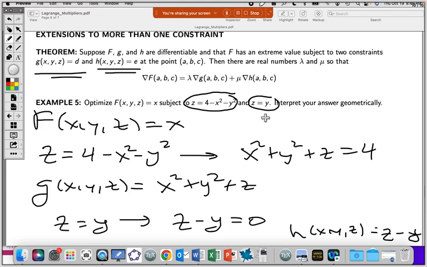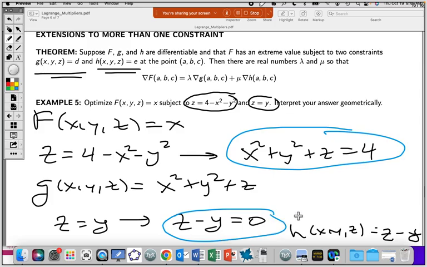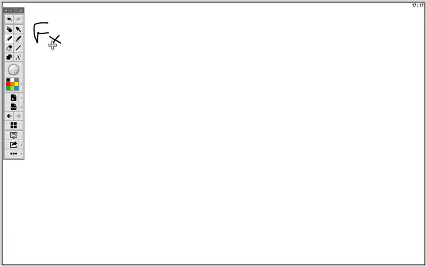All right, so once again, you want to rewrite your constraints as a function equal a constant. And now we're off and running. So if I look at the component by component breakdown of this, I'm going to have fx is going to be lambda gx, lambda for Lagrange, plus mu hx, mu for multiplier.